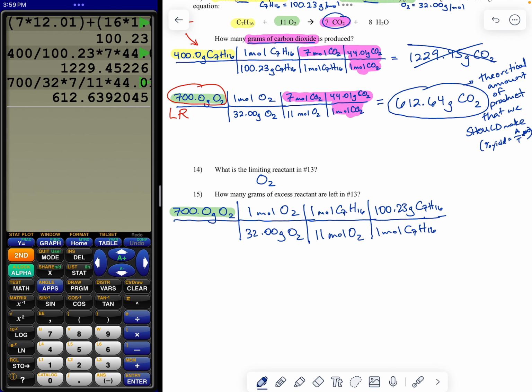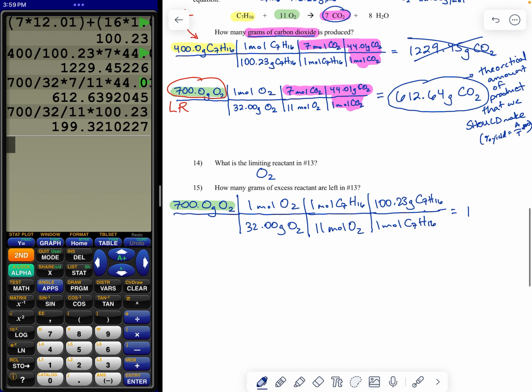All right. This is going to give us, whatever that might be, let's see, 700 divided by 32, divided by 11, and then times 100.23. We get 199.32 grams of C7H16.